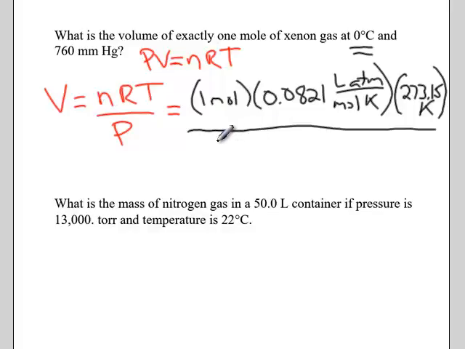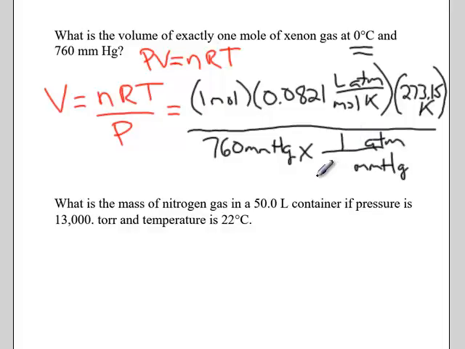The pressure was given as 760 millimeters of mercury, and notice the pressure unit in the gas constant is atmosphere, so we need to convert those millimeters of mercury into atmosphere, and the conversion is 1 atmosphere equals 760 millimeters of mercury.